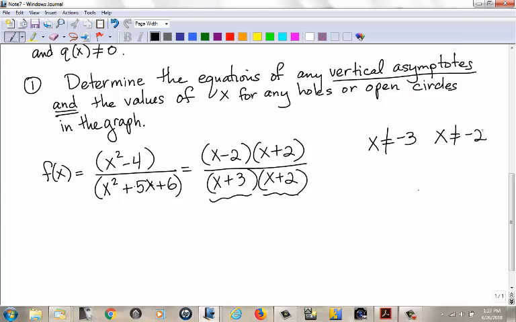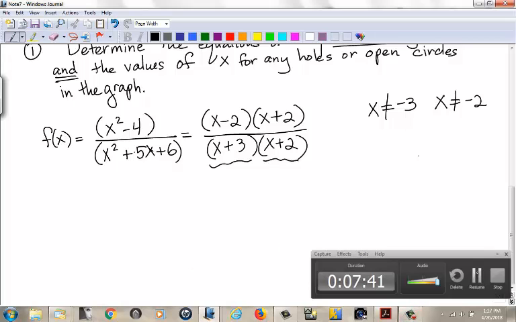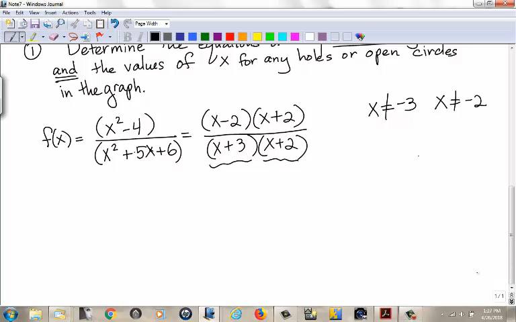When we graph these, we are going to graph them on the graphing calculator. We are not doing them by hand. So we are going to stop and put this in on the calculator. Okay, so I want parentheses.